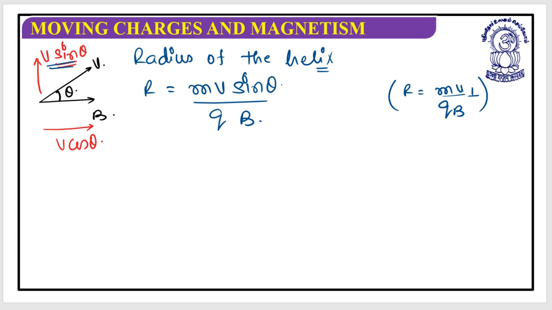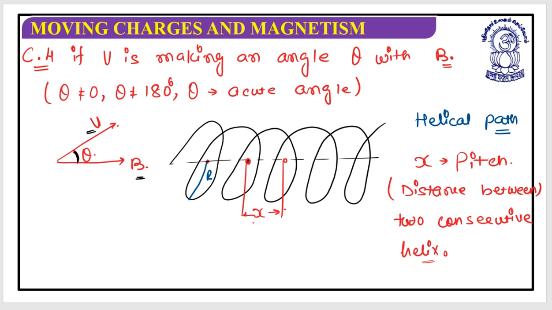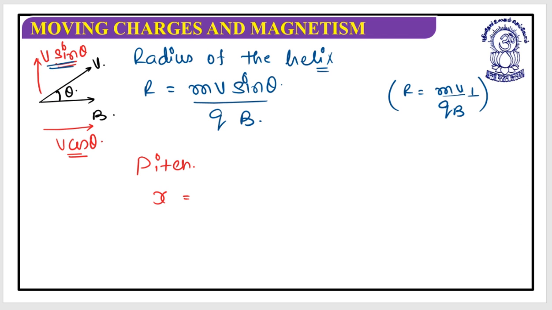Now, what is the pitch? It is the distance between two consecutive helix turns. When I talk about the pitch, I'm talking about the horizontal displacement, and the responsible velocity should be the horizontal one.